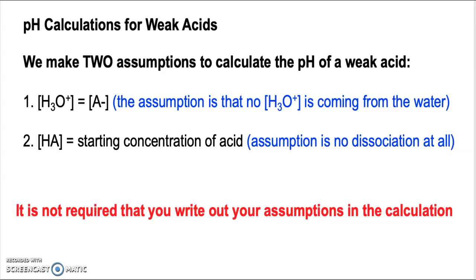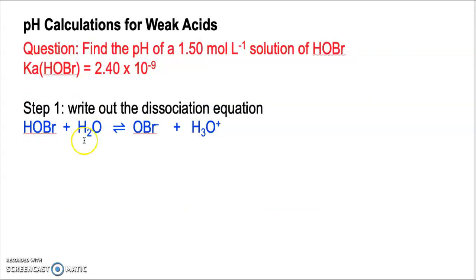One of the assumptions we make is that the hydronium ion concentration is equal to the weak acid's conjugate base. So when we look at the equation for a weak acid, we're talking about the concentration of these hydroniums here on the right hand side.